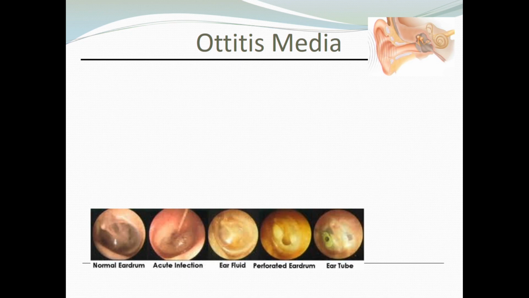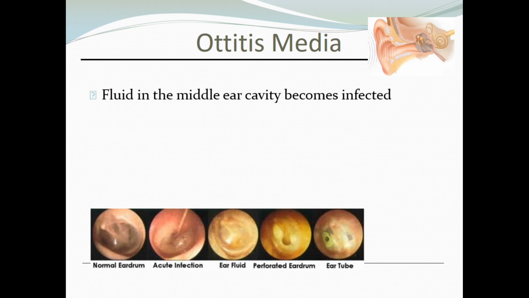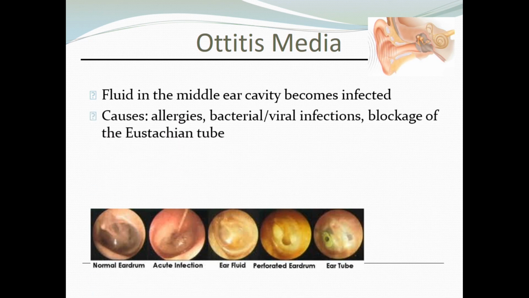Now, otitis media, which you remember is inflammation of the middle ear. You can see down there what a normal eardrum looks like and what an inflamed or pussy eardrum looks like. Or it's filled, sometimes otitis media, because of the infection, gets filled up with fluid, and that's what it looks like when you look in somebody's ear. So you got fluid in the middle ear, which becomes infected, and it could be caused by lots of things.